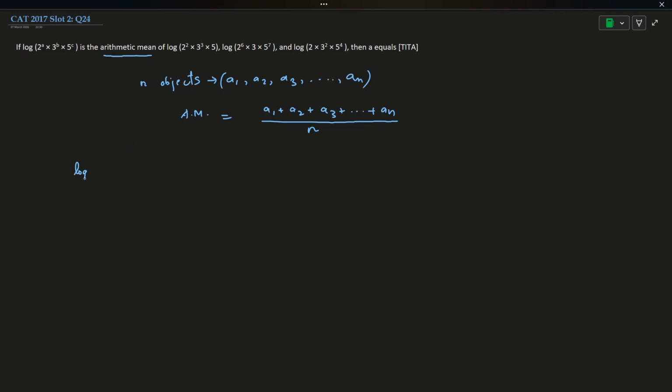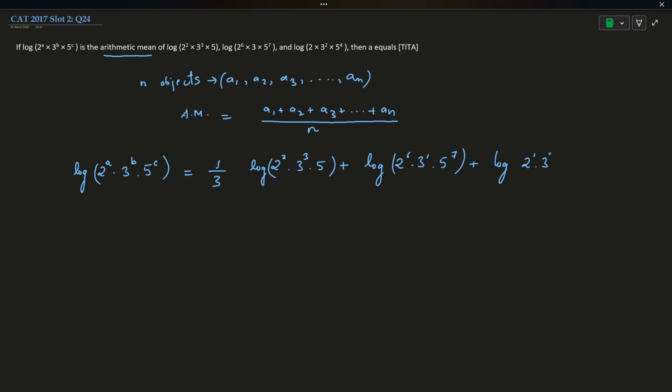Alright, so here I can say log 2 to the power of a, 3 to the power of b, 5 to the power of c is equal to 1 by 3 log 2 square 3 cube into 5 plus log 2 to the power of 6, 3 to the power of 1, 5 to the power of 7 plus log 2 to the power of 1, 3 square, 5 to the power of 4.